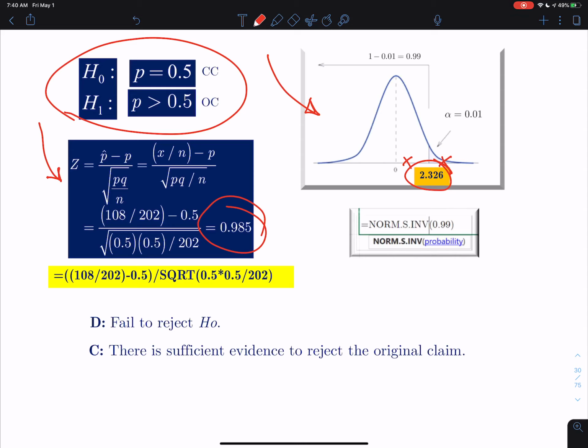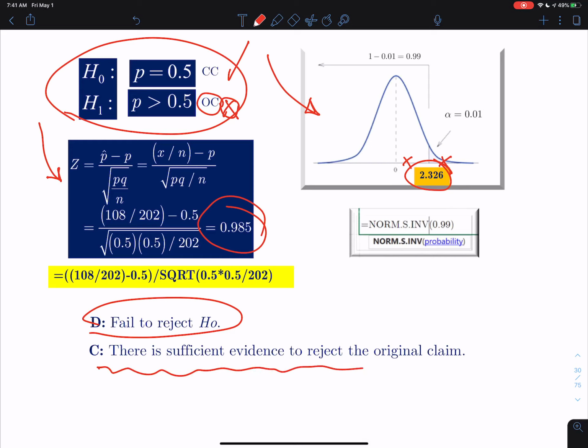In this case, I'm outside of it, so I fail to reject the null hypothesis, which means the null hypothesis is correct, which means this is not correct because those are opposite of each other. And if the original claim is being rejected, it means there is sufficient evidence to reject the original claim, and that's the language. You don't say the original claim is no good or the original claim is false. This is the proper language you use to declare your final conclusion.